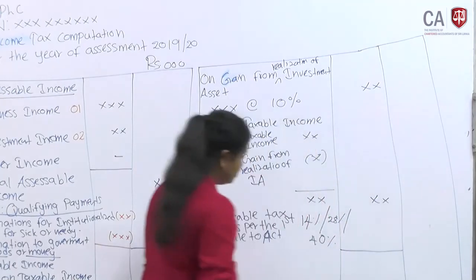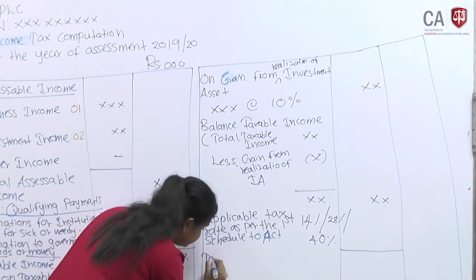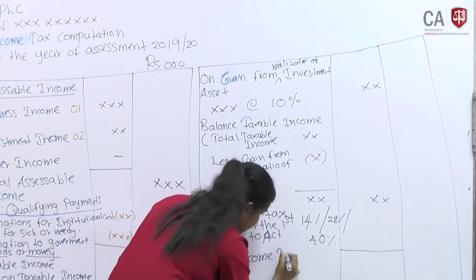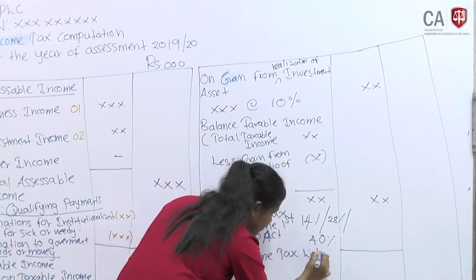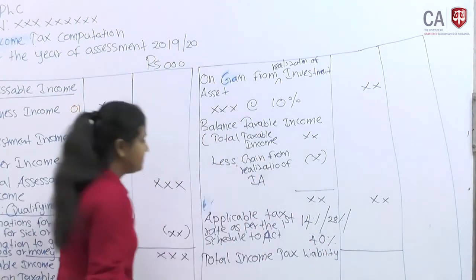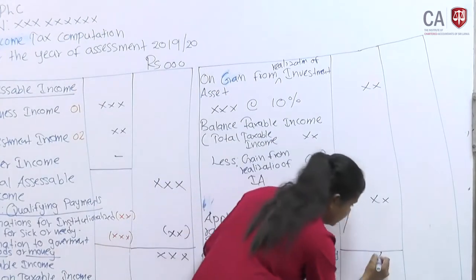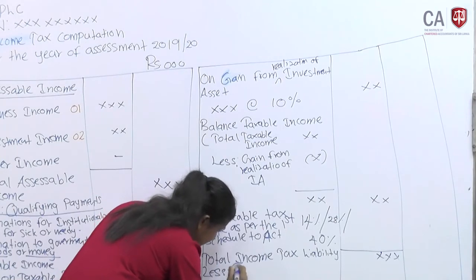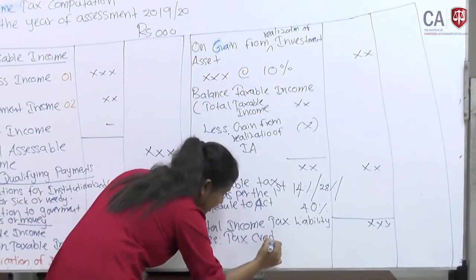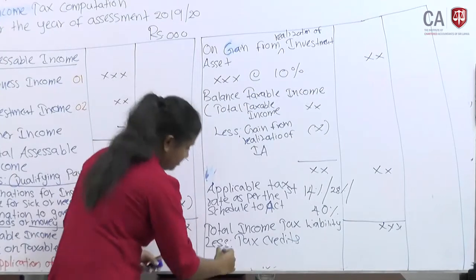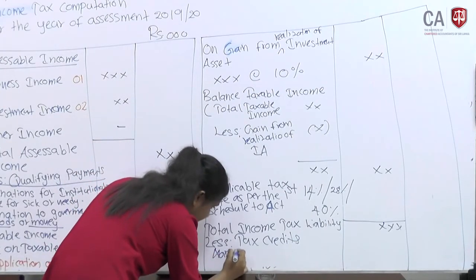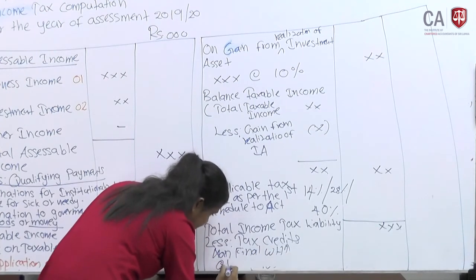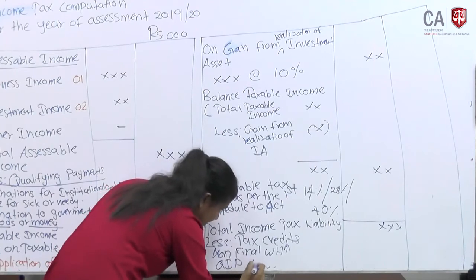Then total income tax liability. The total answer less tax credits, as we have discussed: maybe non-final withholding tax, quarterly installment payments, ESC.